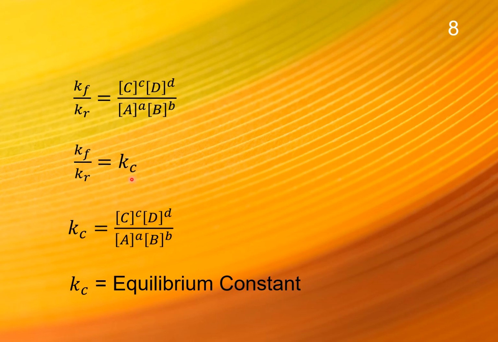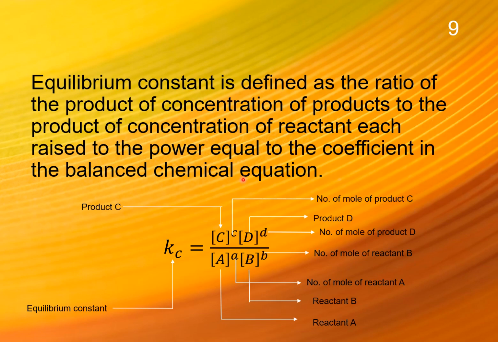Now put in the value of Kf upon Kr equal to Kc. We get Kc equal to the product of the concentrations of the products C and D divided by the product of the concentrations of the reactants A and B, where Kc is the equilibrium constant.